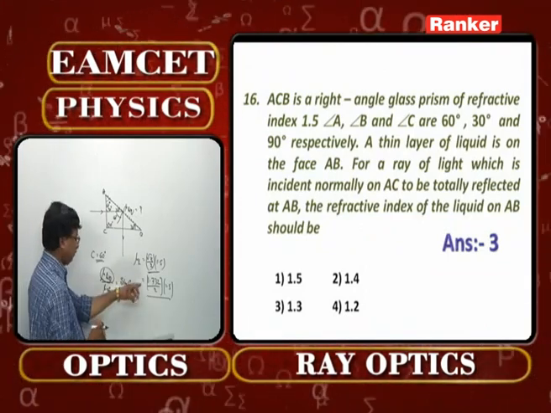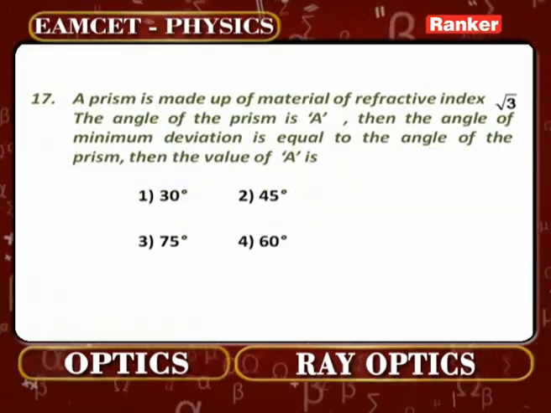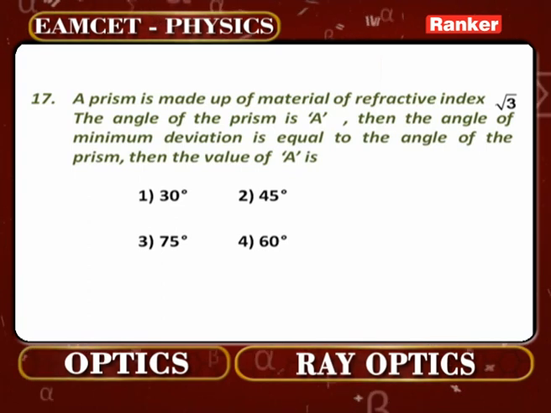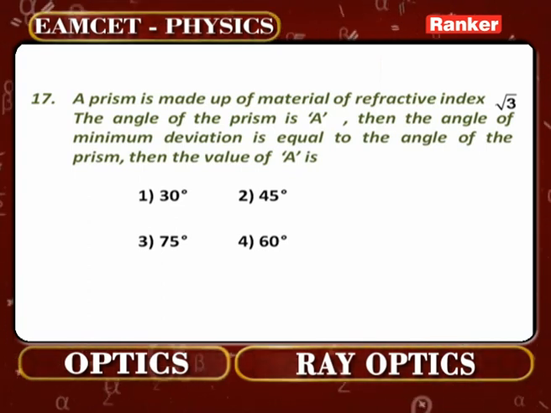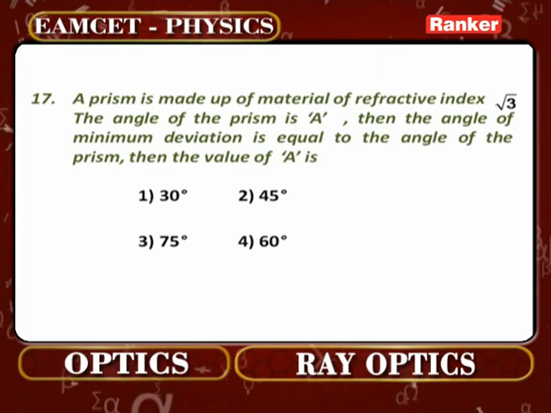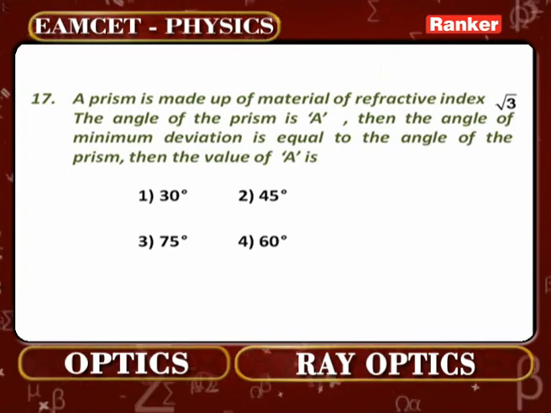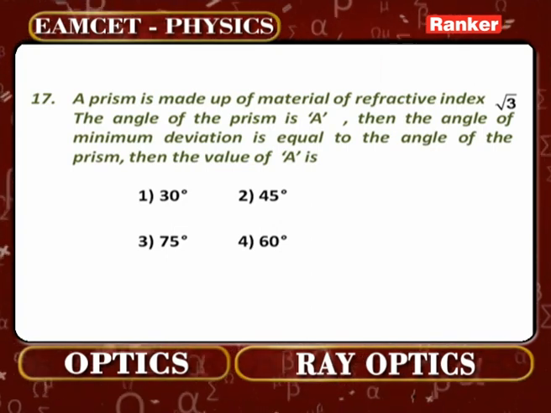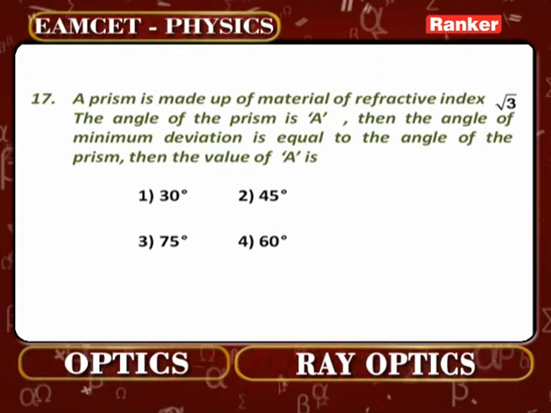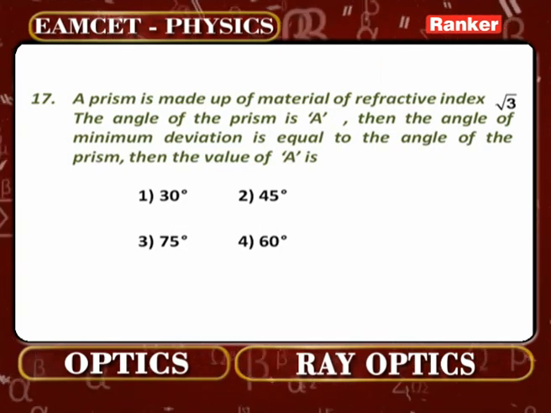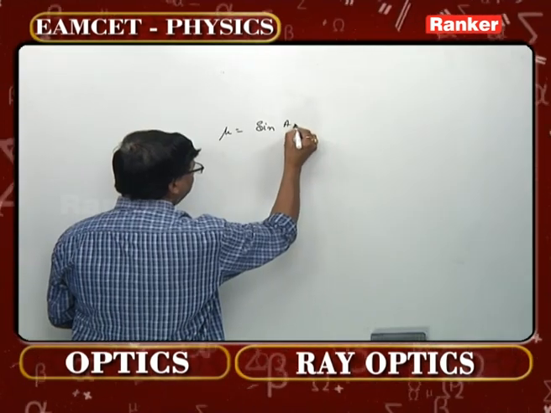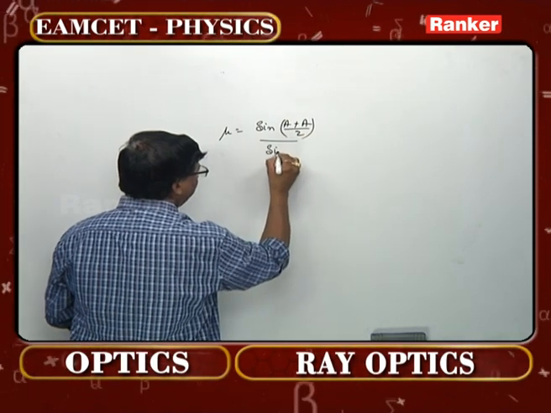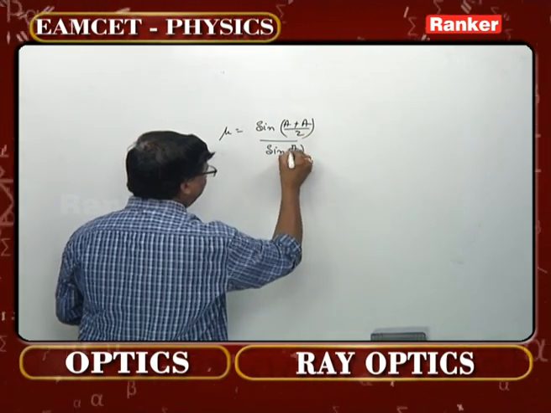Look at the next one please, that is the 17th problem as such. A prism is made up of material of refractive index root 3. Angle of the prism is A. Then the angle of minimum deviation is equal to the angle of the prism. Then the value of A is how much? Angle of minimum deviation is equal to angle of the prism is the criteria. So you can write now mu is equal to sine of (A plus A) by 2 by sine of A by 2, because Dm and A are equal.